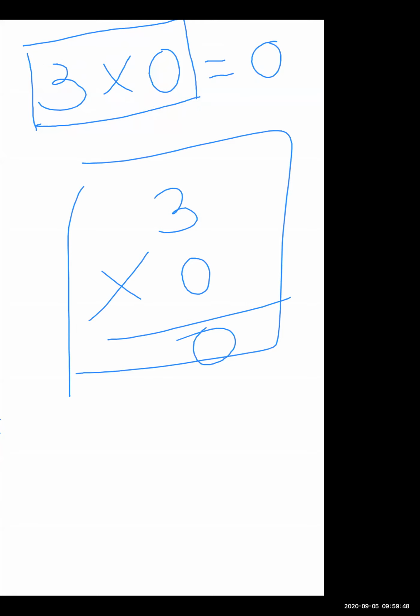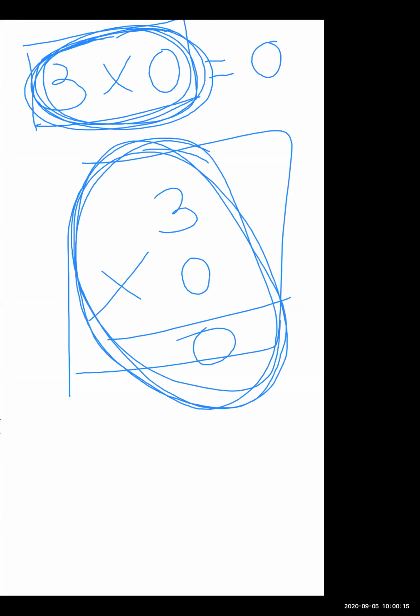This is the vertical arrangement of multiplication, and this is the horizontal arrangement of multiplication. The one given below, where I have circled, is the vertical arrangement of multiplication. Getting you, all of you?